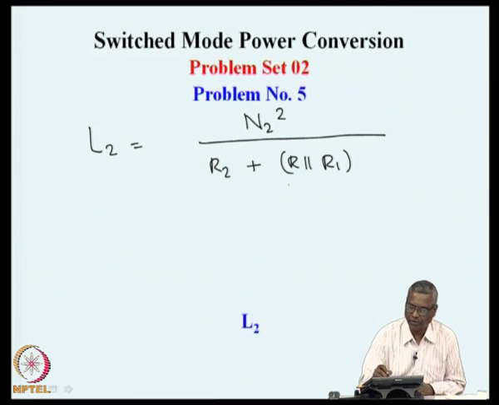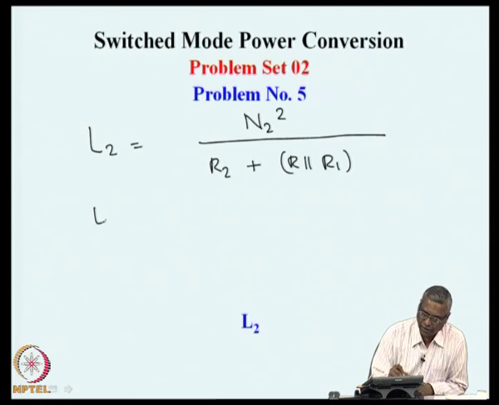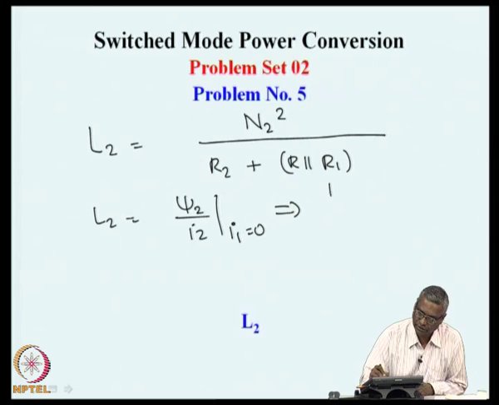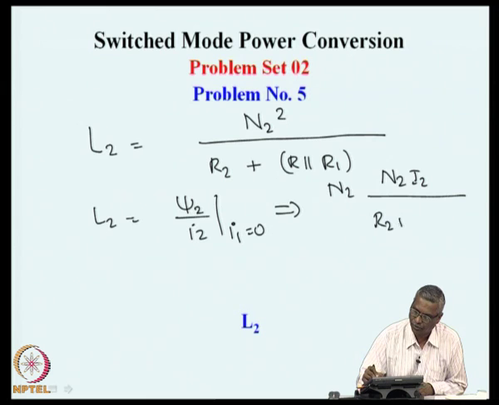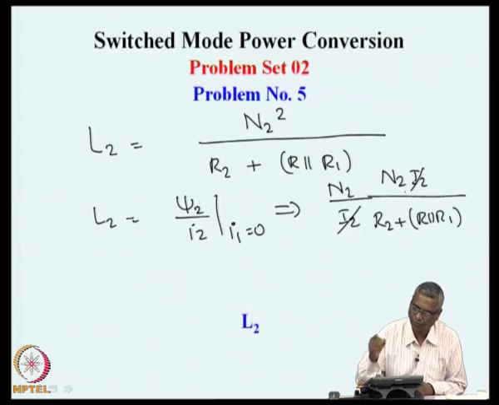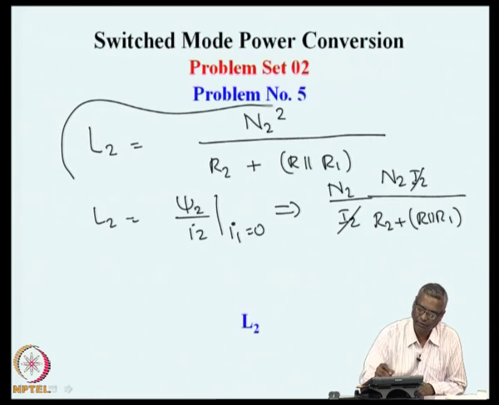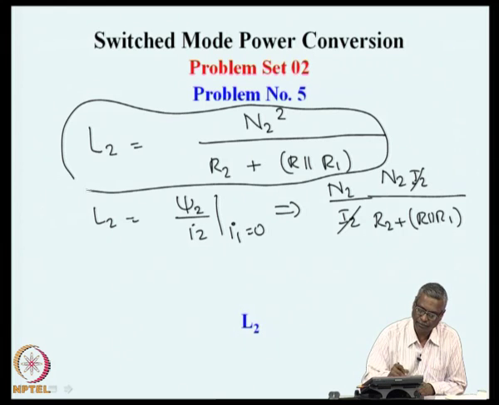This came about because L2 is psi 2 divided by I2 when I1 is 0. So, that is N2 into N2 I2 divided by R2 plus R parallel R1, divided by I2, and that expression is what we have here as L2.